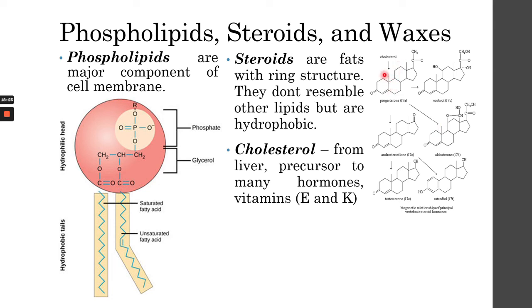hormone that is created from cholesterol is aldosterone, which is necessary in regulating your blood pressure. And that is related to retention of water by your kidneys. We're not going to go deeply into that.